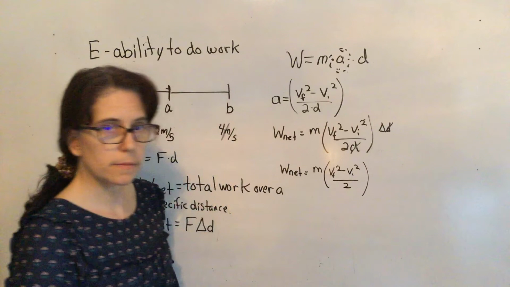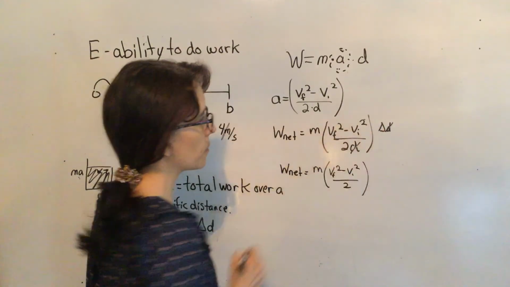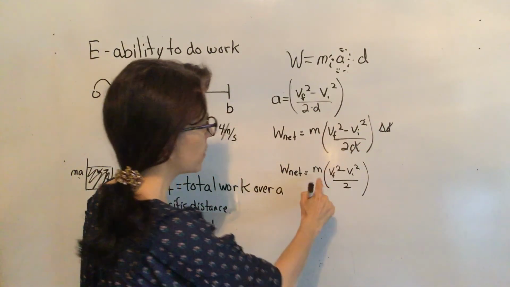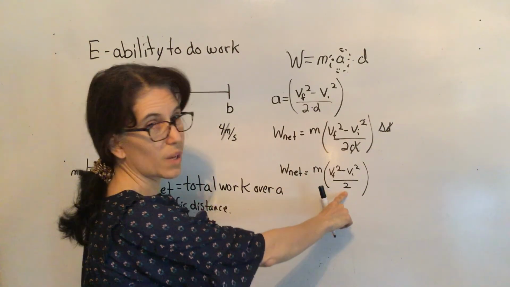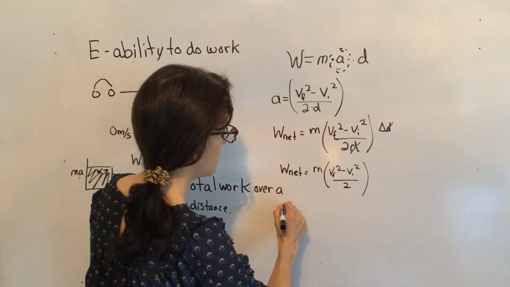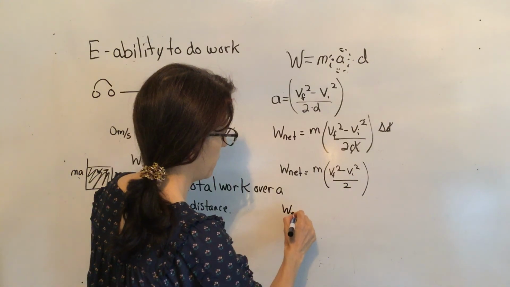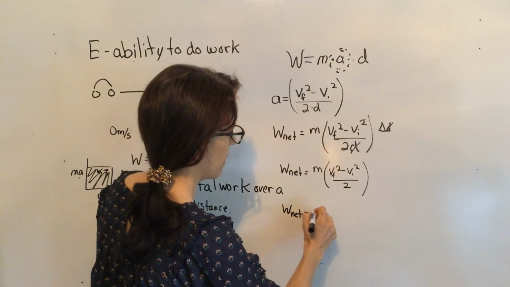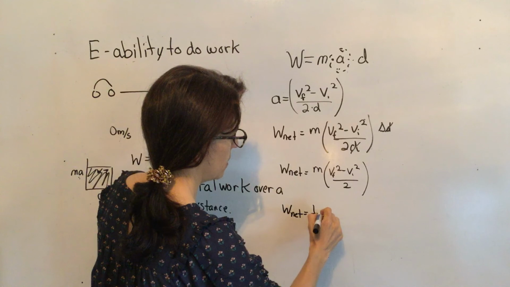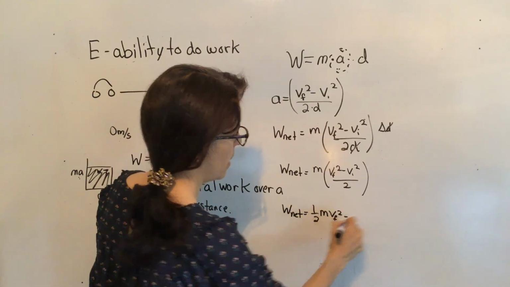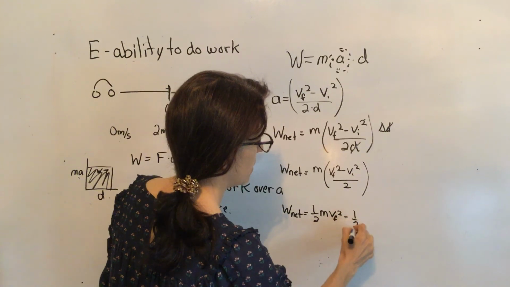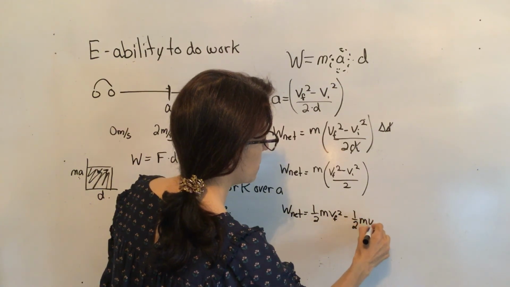So I just got rid of the distance, and what I'm going to do is distribute mass and this 1/2 expression. So 1/2 and mass to the first velocity, and then 1/2 and mass to the second velocity.